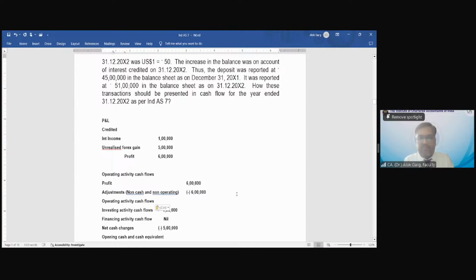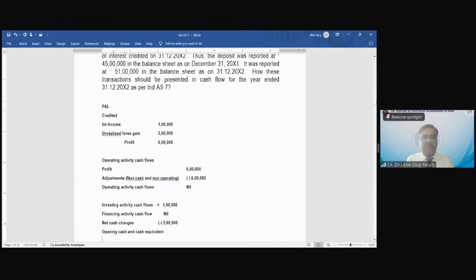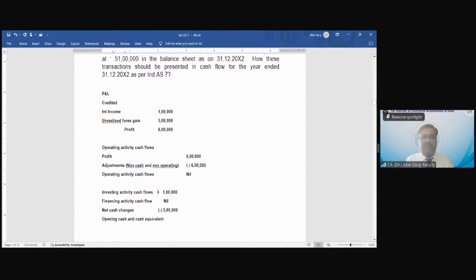Nil. And what is my investing activity cash flow? 1 lakh. So what is my net cash change? Nil plus 1 lakh plus nil. It is plus 1 lakh.